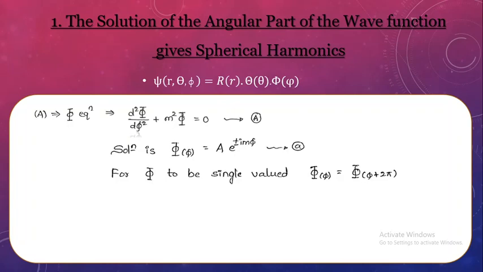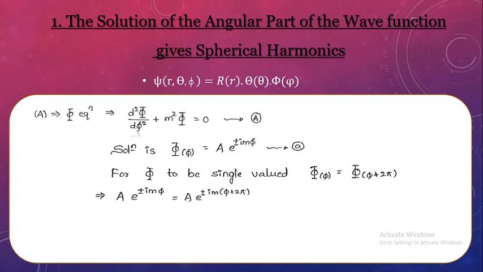That is why, if Phi has to be single valued, Phi of phi must be equal to Phi of phi plus 2 pi, with respect to the periodicity. If you substitute this in equation small a, we get A into exponential of plus or minus i m phi is equal to A into exponential of plus or minus i m into phi plus 2 pi.